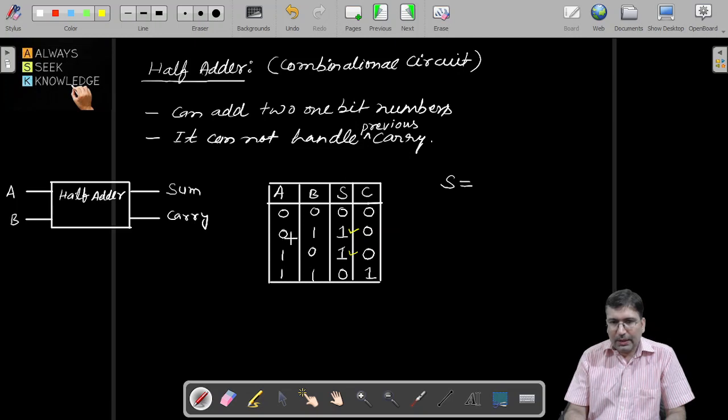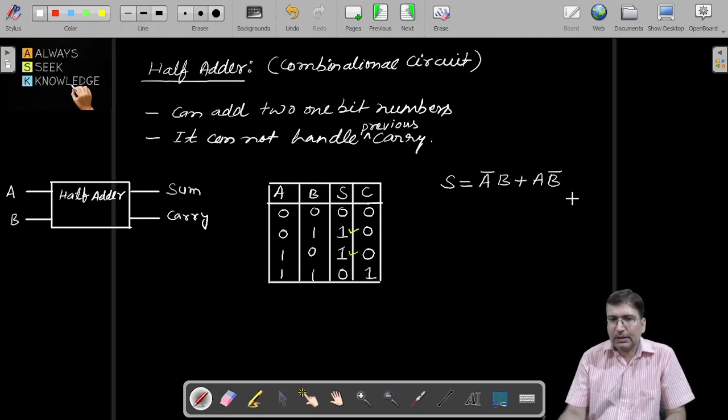One is when A is 0 and B is 1, so S is A bar B. There is another case where we get sum as 1, when A is 1 and B is 0, so that is A B bar.